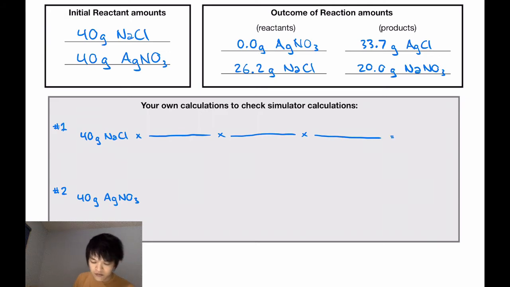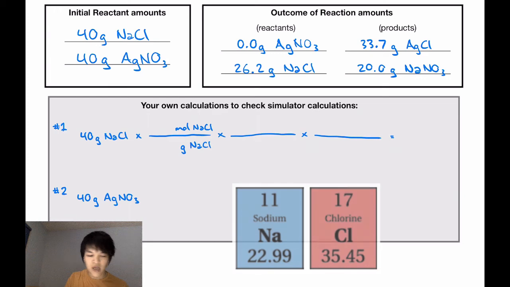For the first one, we're going to convert our grams of our first substance to moles of our first substance. All right, and this is a molar mass. For the molar mass, we are supposed to look at the periodic table to find sodium and chlorine. So I'm going to do that real quick on my calculator.